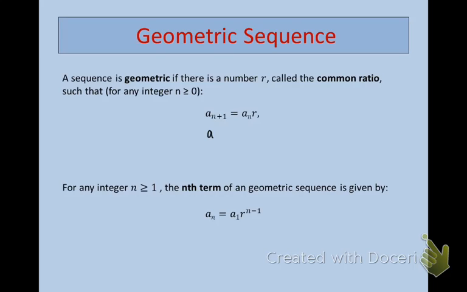A sub n equals a sub n minus 1 times the r, right? And I might even throw the r in front, would probably be better. R times a sub n minus 1.